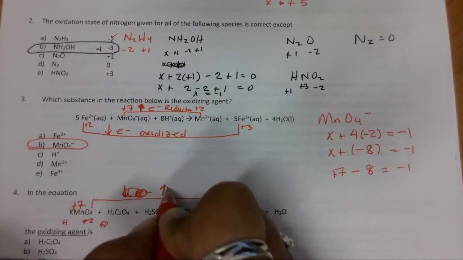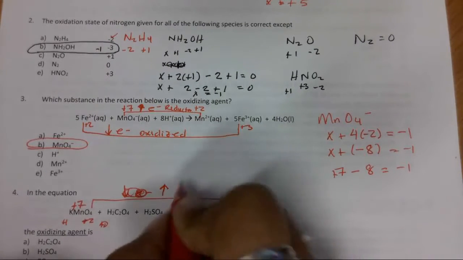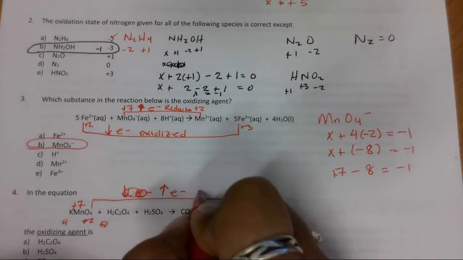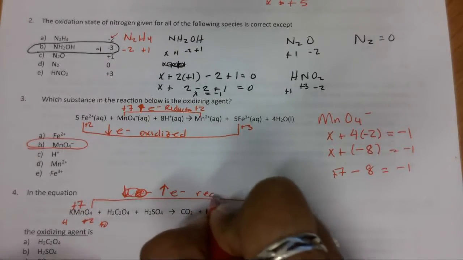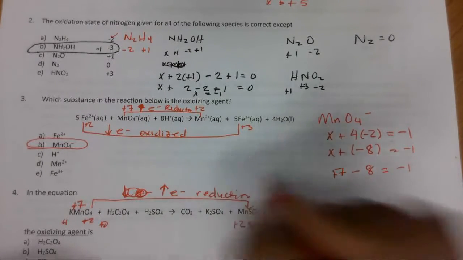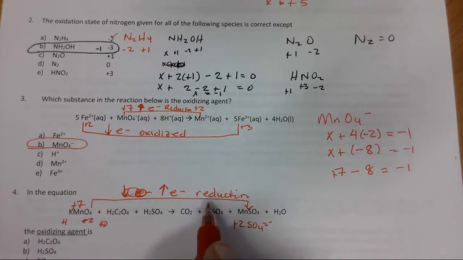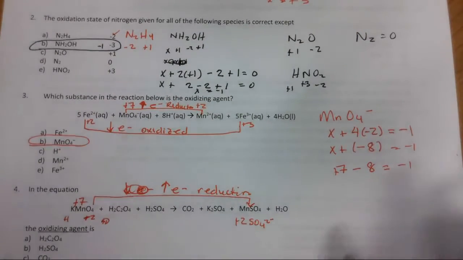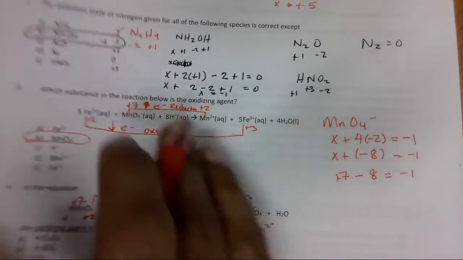So we're going from a +7 to a +2, an increase in electrons. And if we have an increase in electrons, we have reduction. And if I have reduction right here, then this is my oxidizing agent. So KMnO4 is my oxidizing agent. Now we got lucky on that one, and it just worked out.